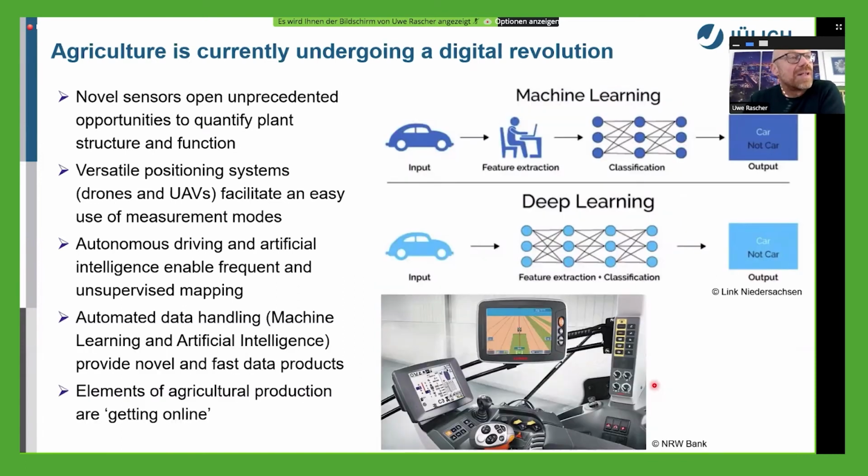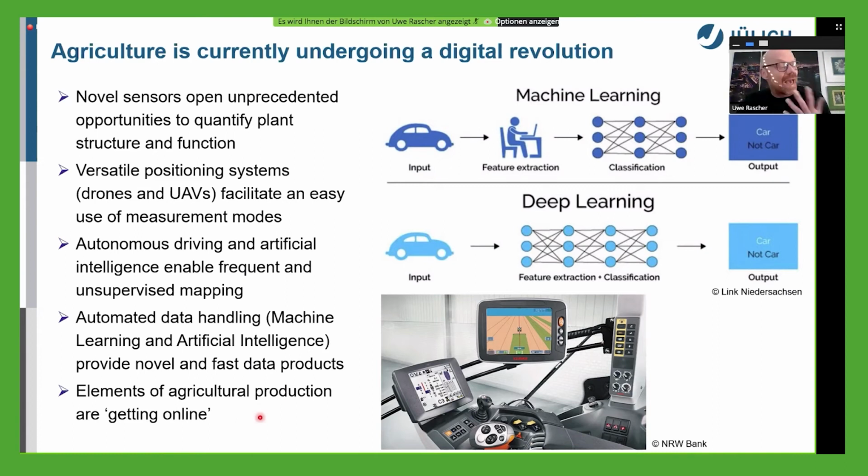And last but not least, the fourth pillar: all these elements nowadays can be linked based on the revolution we have with machine learning and deep learning algorithms, which come mainly from autonomous driving or industrial processes, but where the software and the knowledge are now also transferred to agriculture and already show up in the high-tech platforms of novel agricultural machinery.